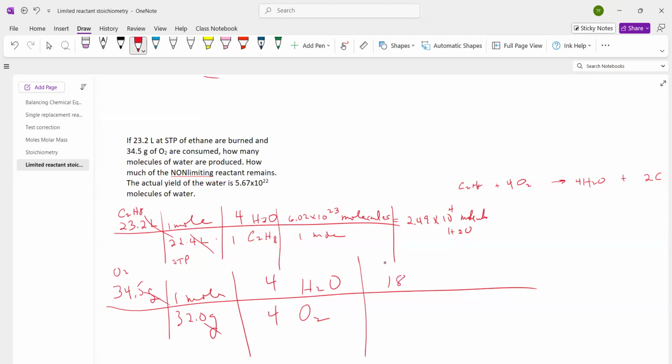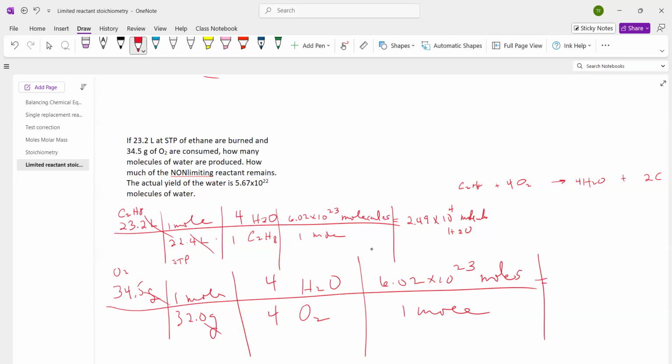And then water is... now again, we're using the 6.02 times 10 to the 23rd because we want to know how many.